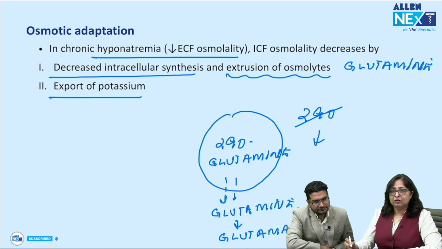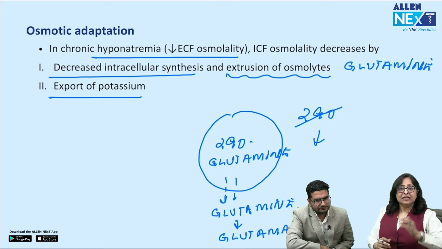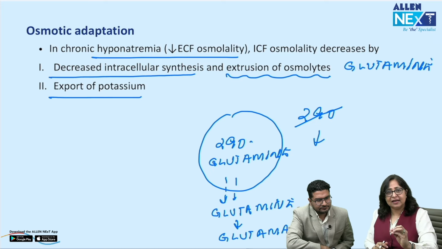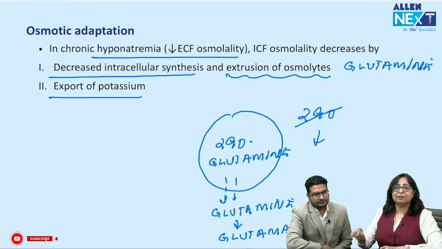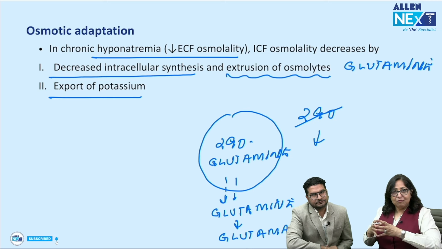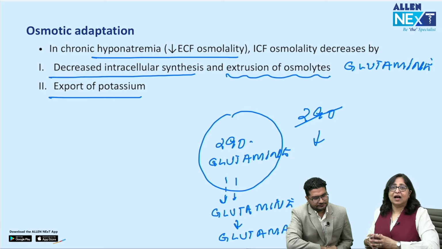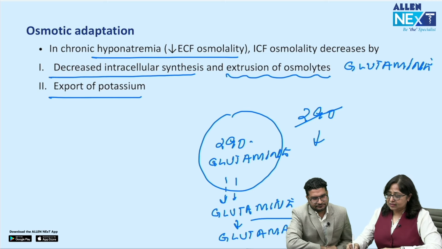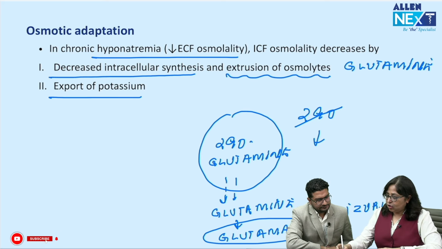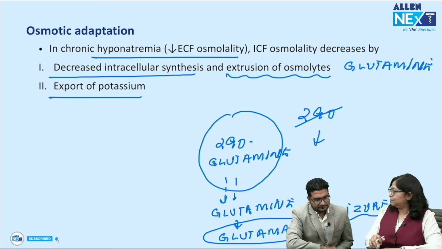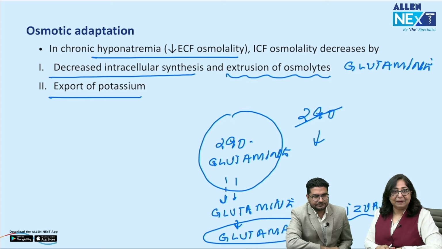Glutamate is the most important excitatory neurotransmitter in the central nervous system. 75% of the excitation in the central nervous system is done by glutamate. So if I have more excitatory neurotransmitter outside the cells, this precipitates seizures. Seizures are a common complication seen in patients of hyponatremia.